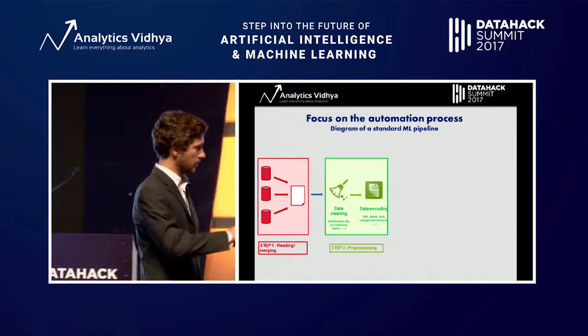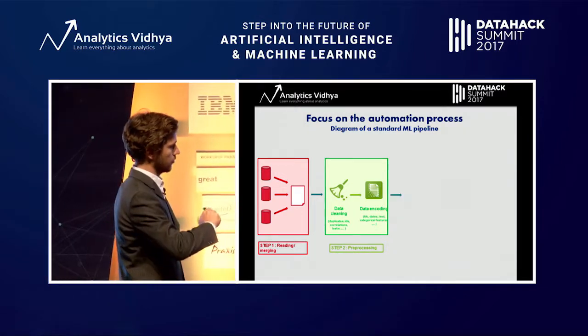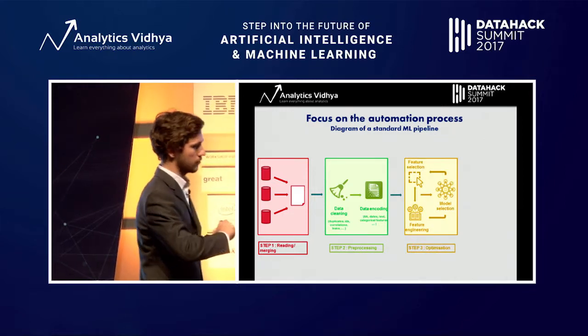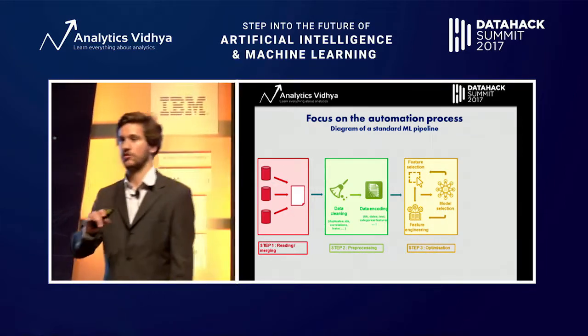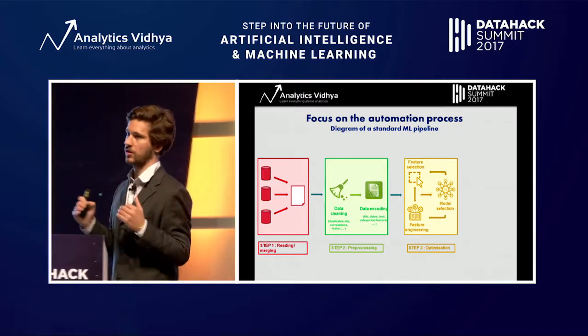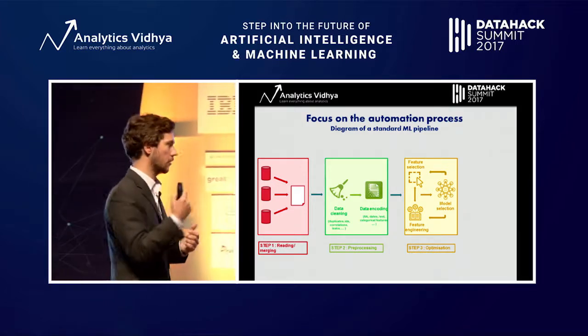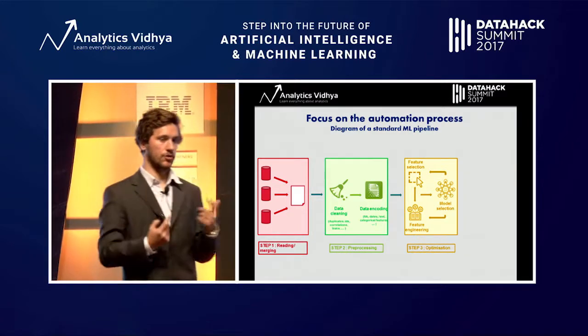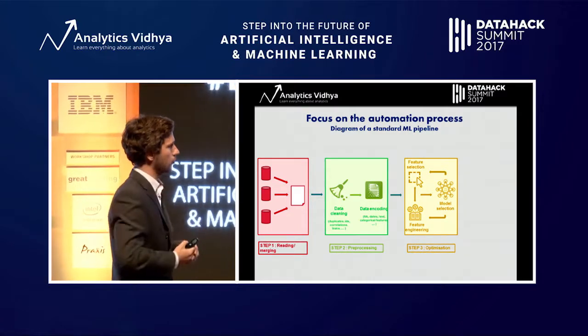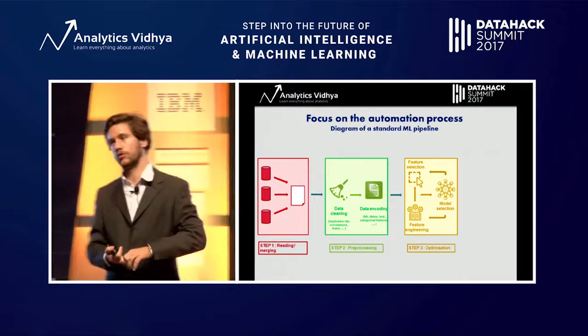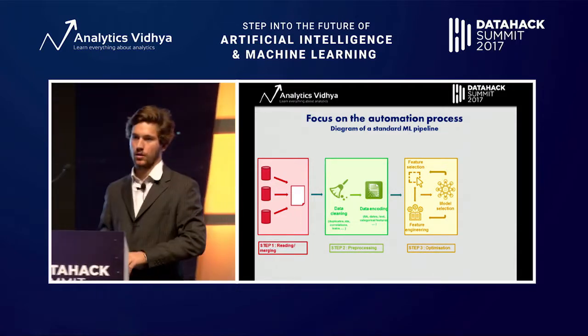Okay, so now you move to step three. That's, let's say, the optimization part. So you've got one single data set that is encoded, pre-processed, and then you will try and test different models. But first, you can do what is called feature selection. So you want to select the relevant features.